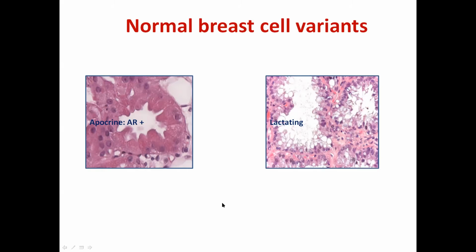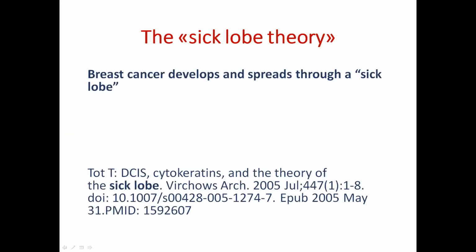But going back to the lobe, Professor Tibor Toth, a colleague who is now working in Falun in Sweden, proposed this theory of the sick lobe. What does it mean? It means that the cancer spreads through a sick lobe. This is very important.